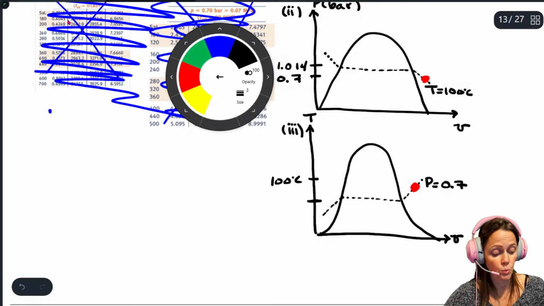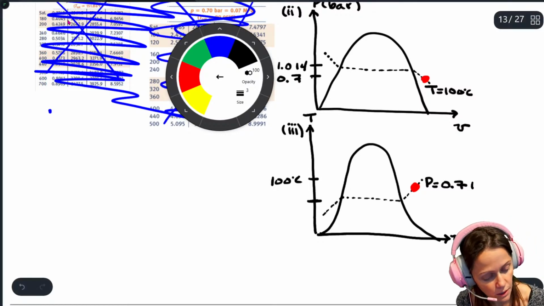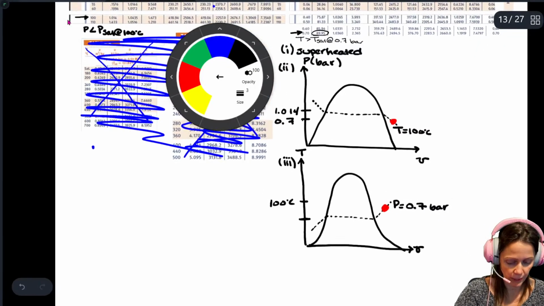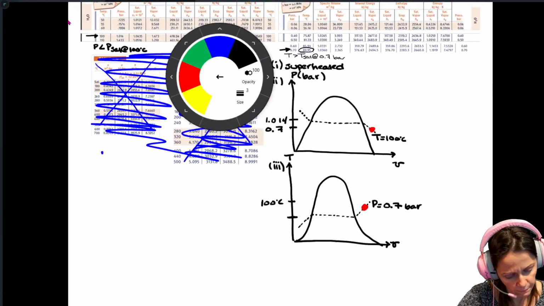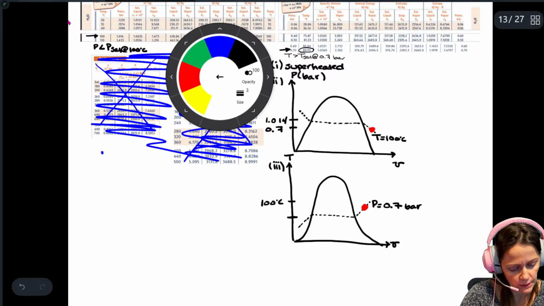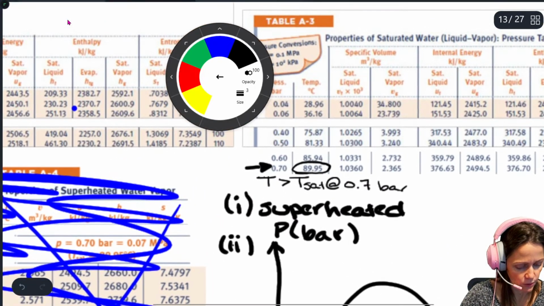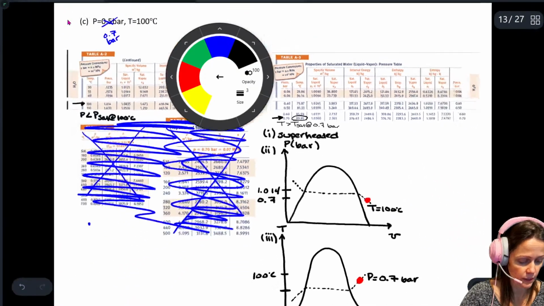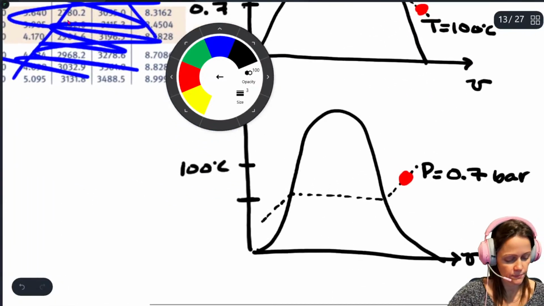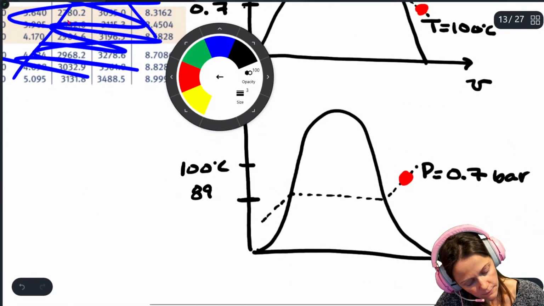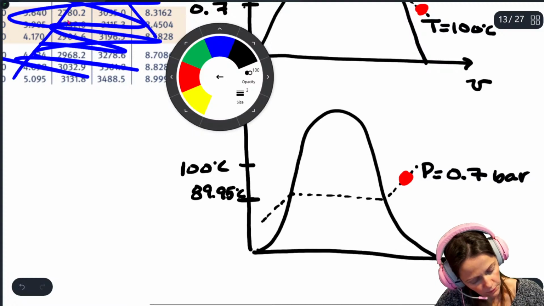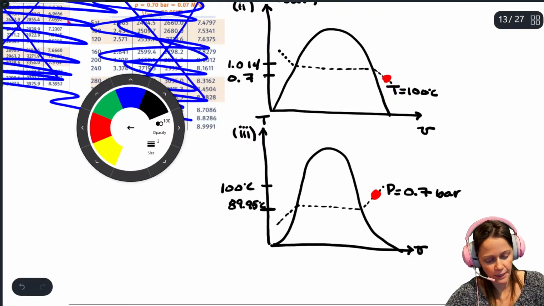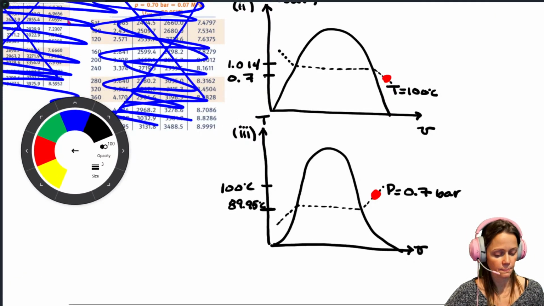But this temperature would correspond to the saturation temperature at 0.7 bar, which is something you can get from table A2, or A3, I'm sorry. So at 0.7 bar, you can see that in table A3, your saturation temperature would be 89.95. So let's go ahead and put that here. Perfect. That also sort of goes with our narrative about what phase it's in.